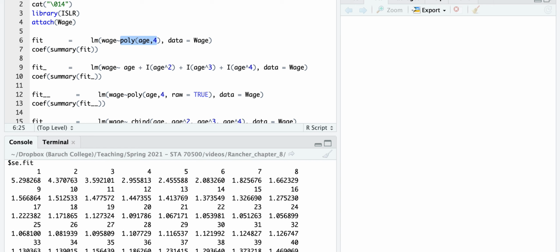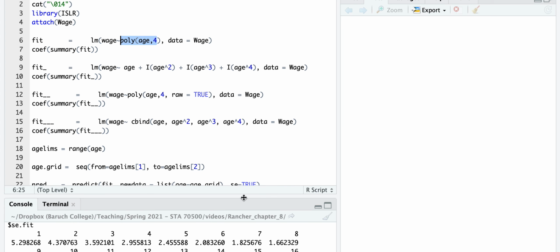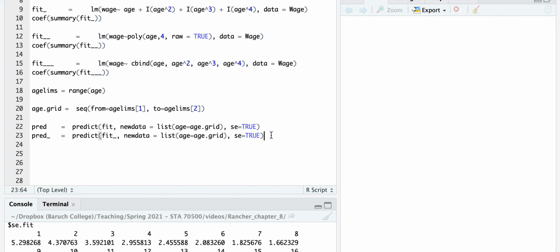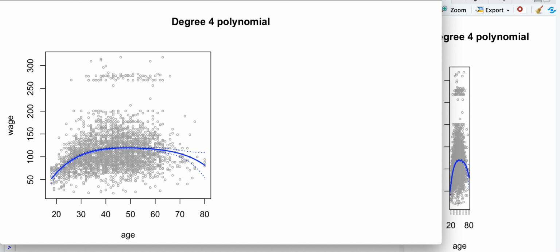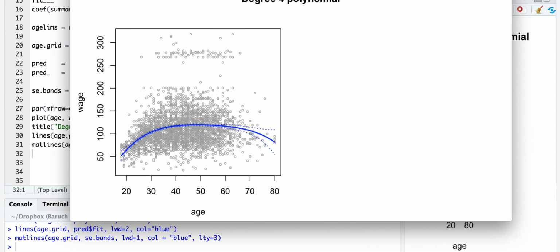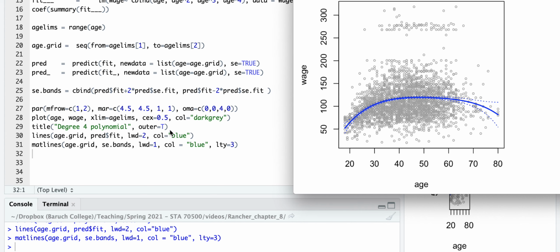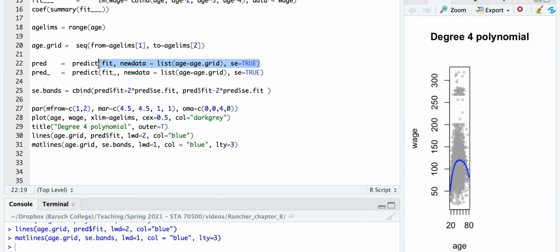Okay. Now, how can we plot the results? Okay, so this is the plot that we wanted to create. What I did was we got the predictions.